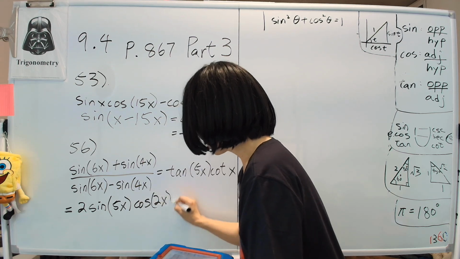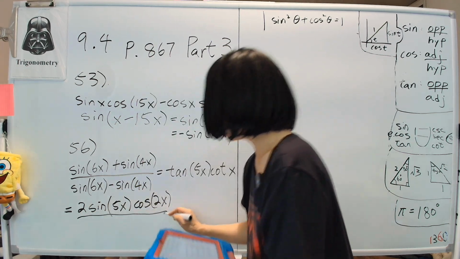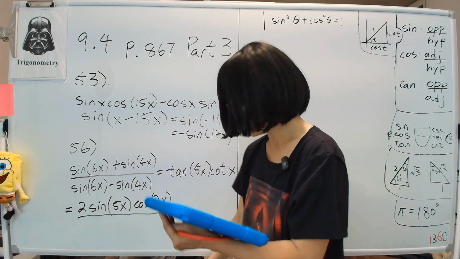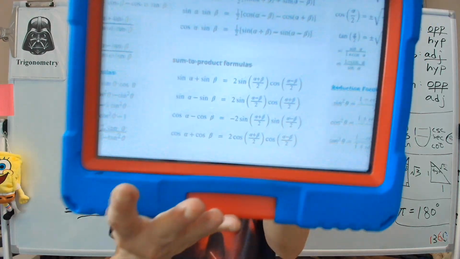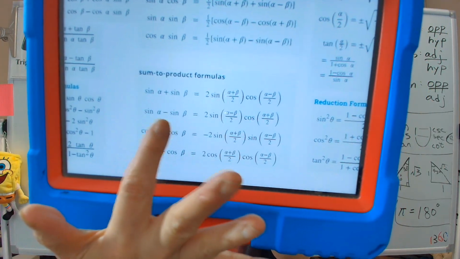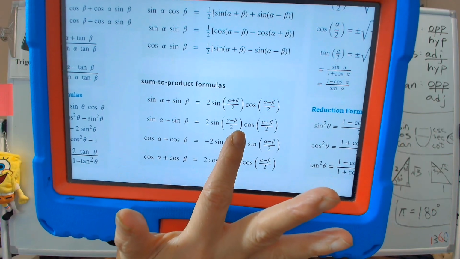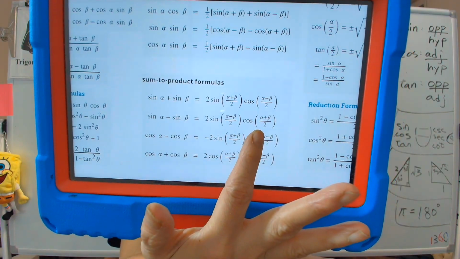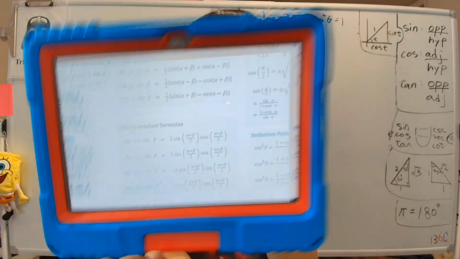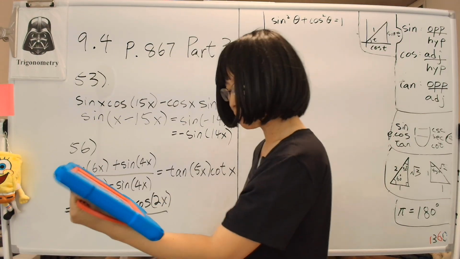Then divided by the other one, which is a sine minus sine situation. So let's look at the formula again. Sine minus sine is equal to 2 times sine of the difference, and then cosine of the sum, and then divide by 2. So let's follow that plan.